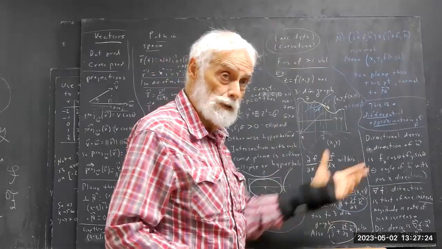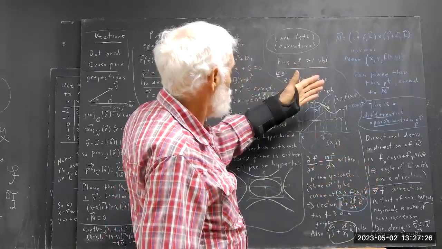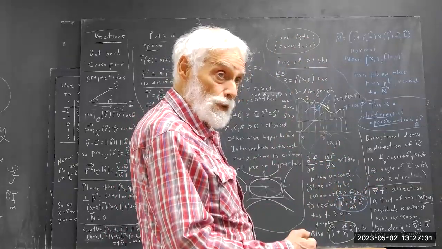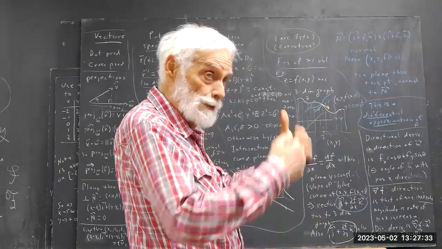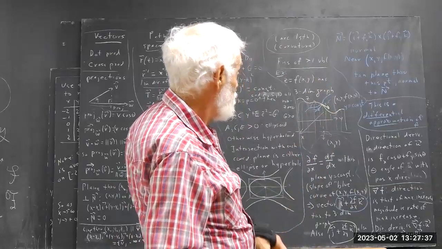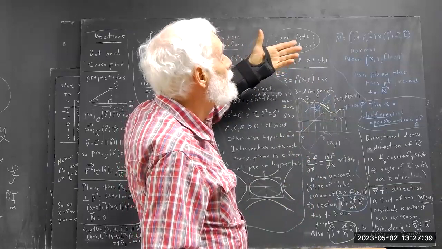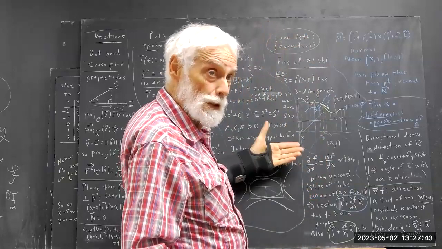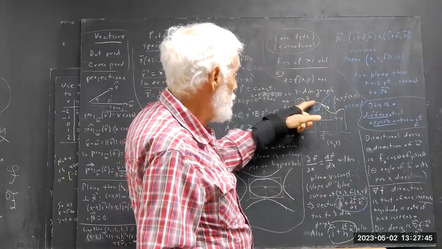What we're doing here is cutting this surface with a plane where Y is constant, parallel to the X axis, and then we get a curve. If we cut it with a plane where X is constant, then we get another one.